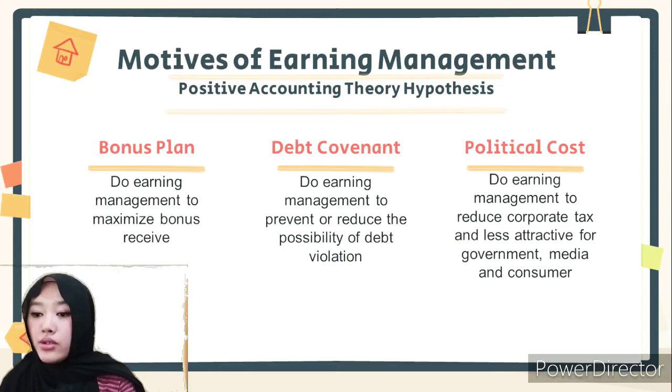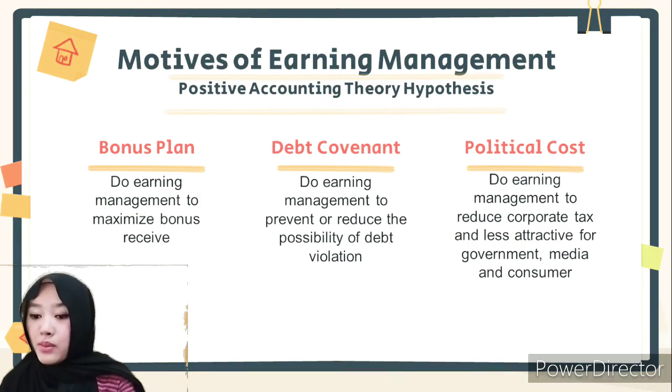Earnings management is done to reduce the corporate tax and to make the company less attractive to the government, media, and consumers. And we know that the amount of tax is set progressively by the government, which encourages the company to carry out earnings management by reducing reported net income to minimize corporate taxes.